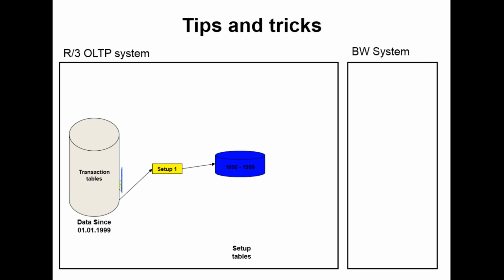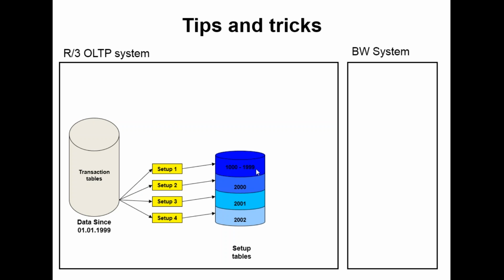For example, in the transaction table, we fill setup tables from the start till 1999 as setup one, then setup 2 for 2000, setup 3 for 2001, 2002, then setup 5 for 2003 till 9999. This is how we triggered the setup table.